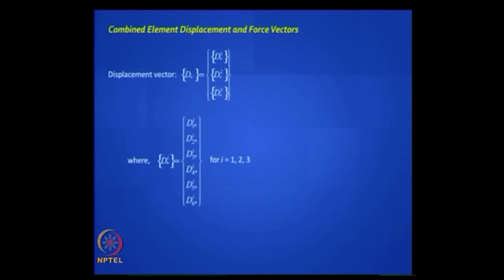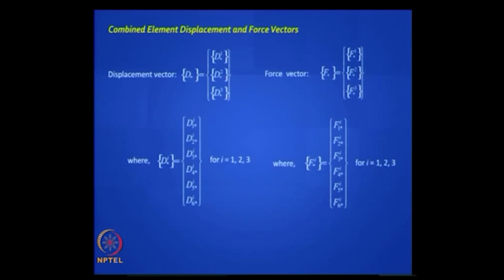But for 3 elements, maybe it is nice to put them all in one line. Similarly, I can do it for F star. Is it clear? We will call these the combined element displacement and force vectors. It is optional, you may never need to do this, but sometimes for small structures it is good to put them in one line.